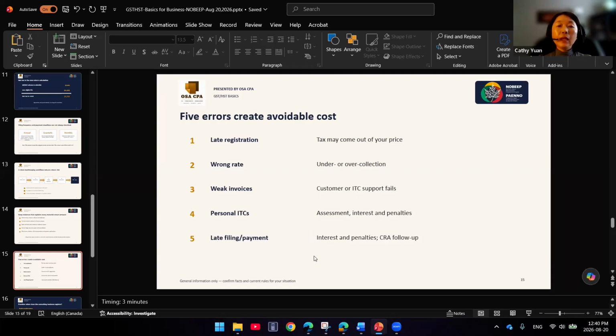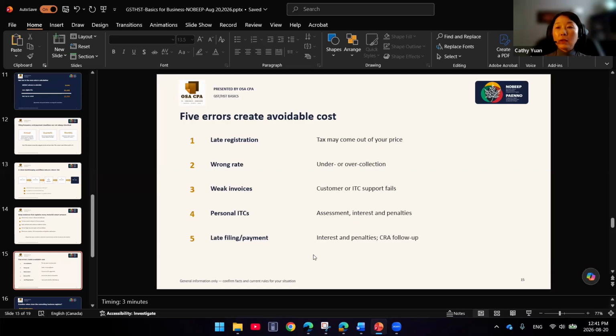Okay, late filing and payment. I said if you choose monthly or quarterly, but you do the tax return only after the whole year, you will get interest or penalty if you have a balance owing.